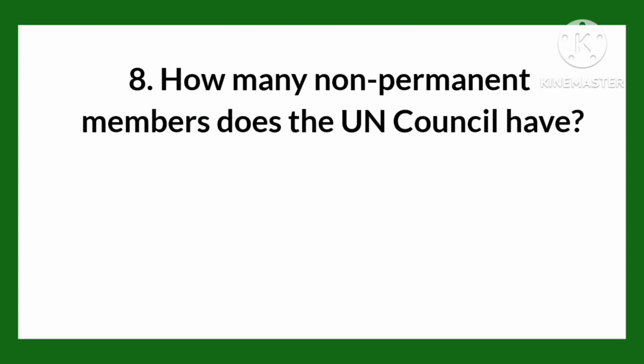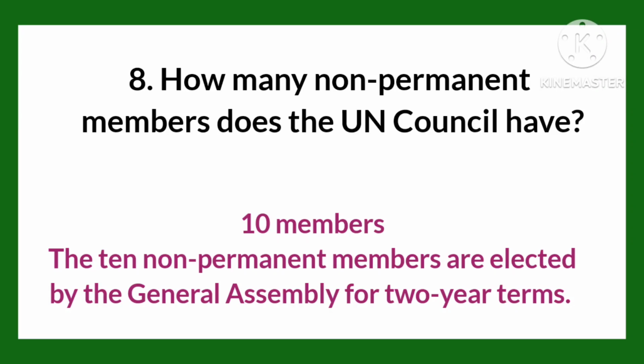How many non-permanent members does the UN Council have? Answer: 10 members. Students, please note the 10 non-permanent members are elected by the General Assembly for 2-year terms.